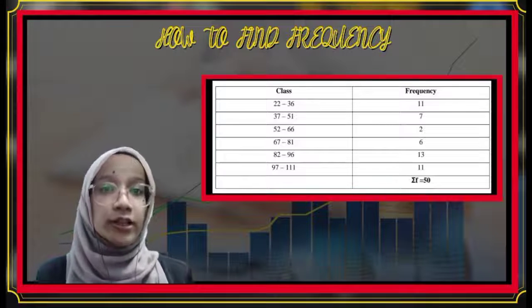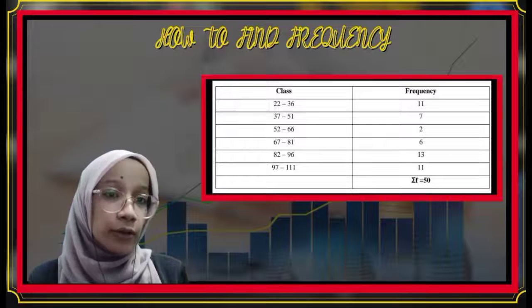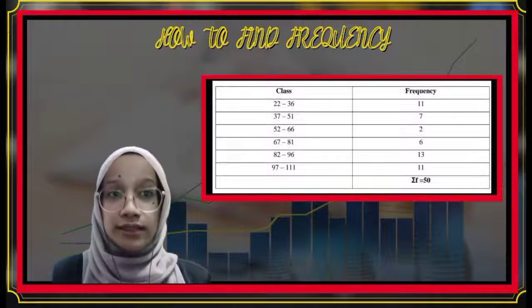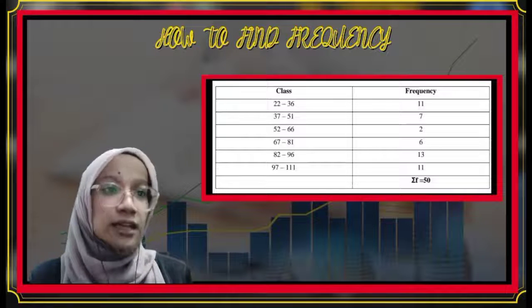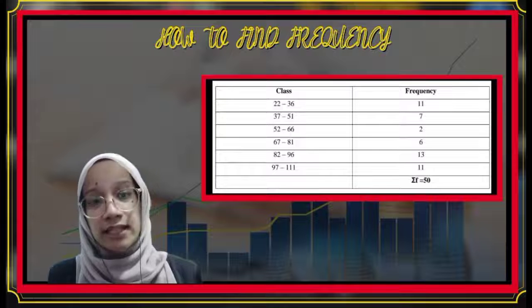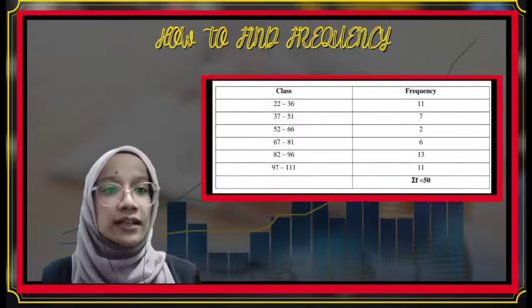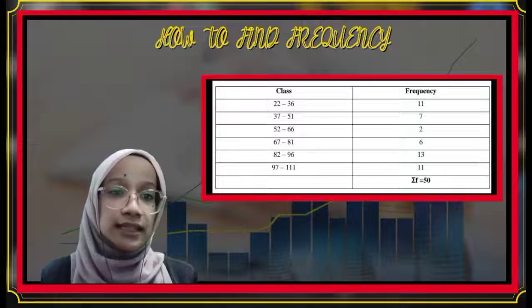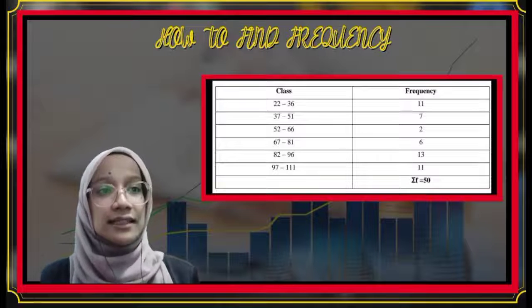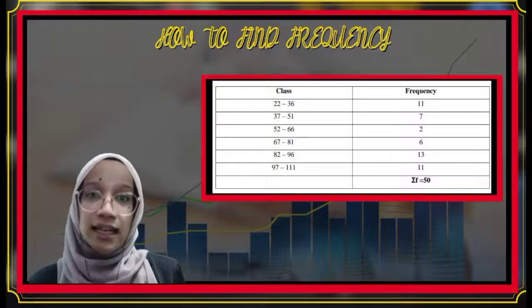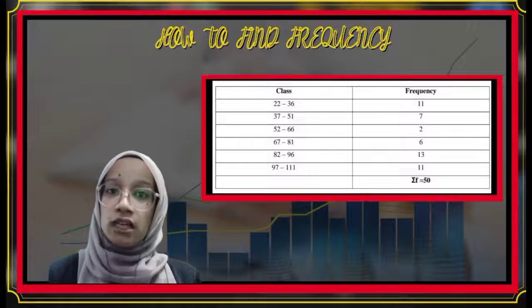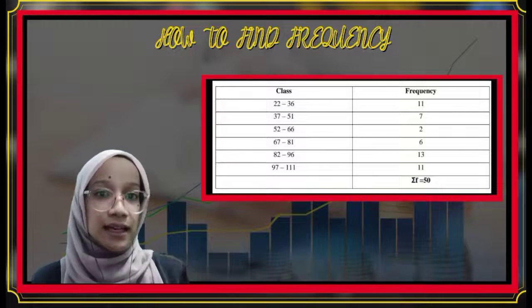Now we move to frequency. To get the frequency, we refer to the data. For frequency, the first is 11, the second is 7, the third is 2, the fourth is 6, the fifth is 13, and the last one is 11. So we can see the frequency total is equal to 15 data.